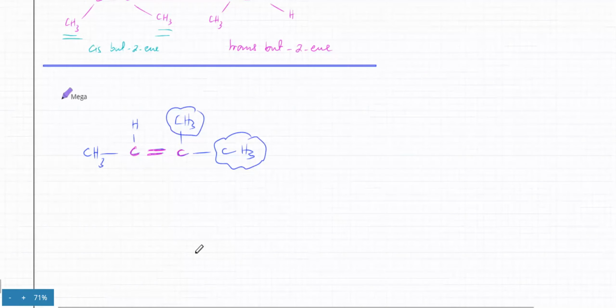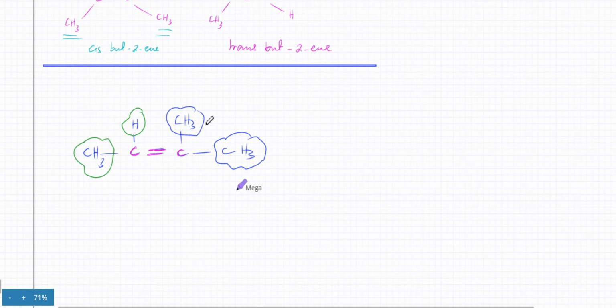The other one is attached to different groups, but the condition was that both groups should be different. This carbon should be bonded to two different groups. So even if you switch the sides, it's going to remain the same molecule. So it won't have two versions. It's just going to have a single version.